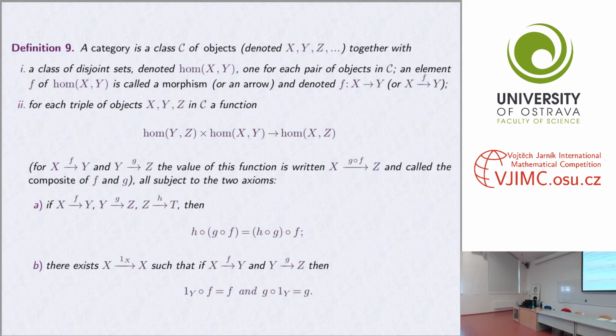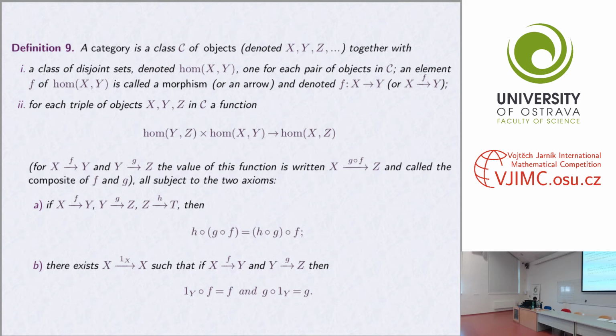I gave you the exact definition on this slide. They are very natural objects, I mean, the concept is very natural. So we are looking at a class of some objects, and to begin with, let's just think about some simple example. We start with a category of, let's say, sets.